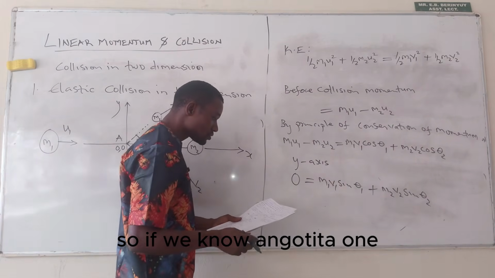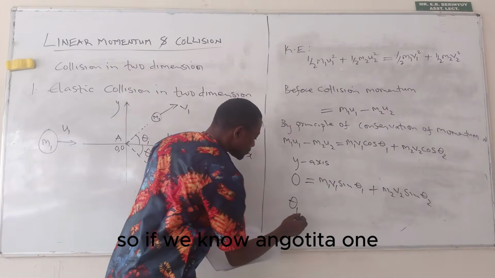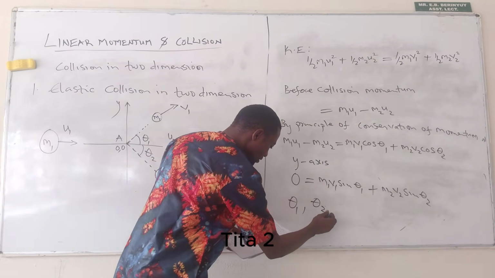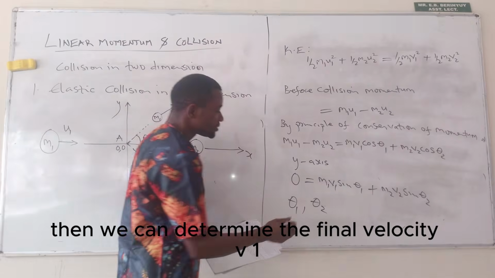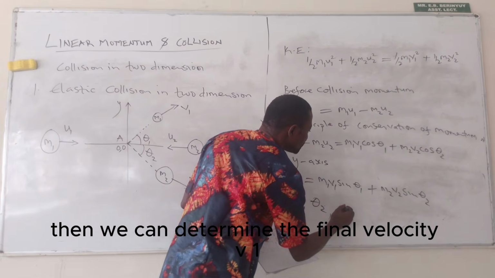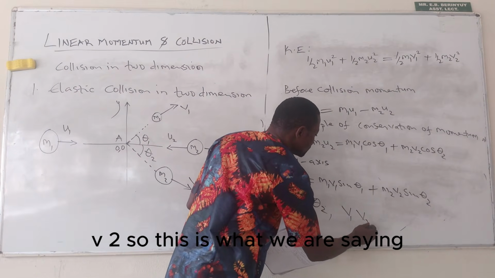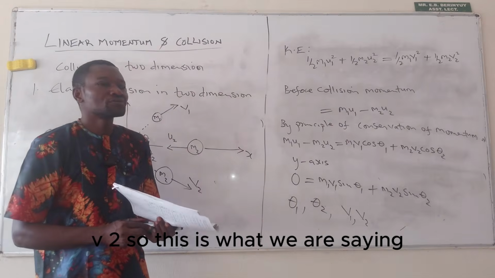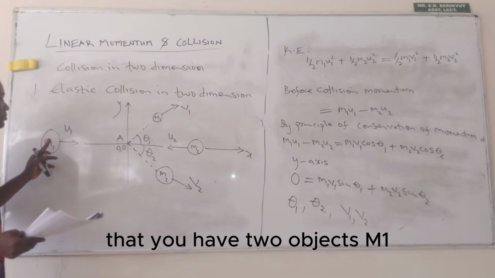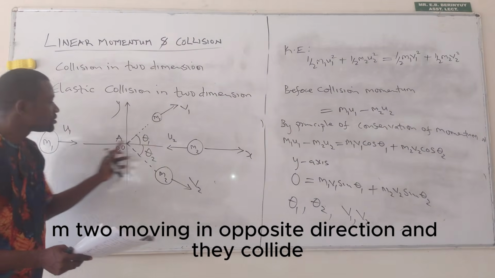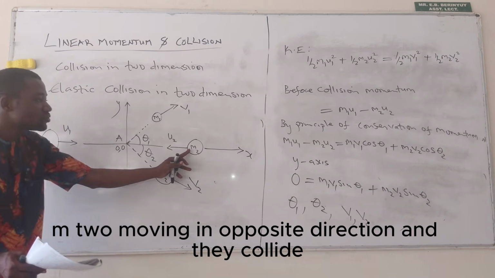So if we know angles theta 1 and theta 2, then we can determine the final velocities v1 and v2. So this is what we are saying: you have two objects, m1 and m2, moving in opposite directions, and they collide.